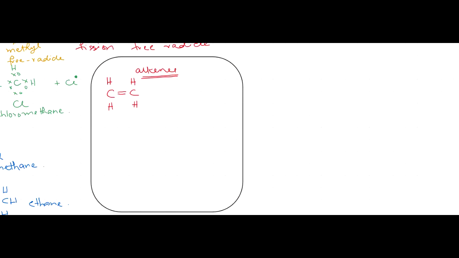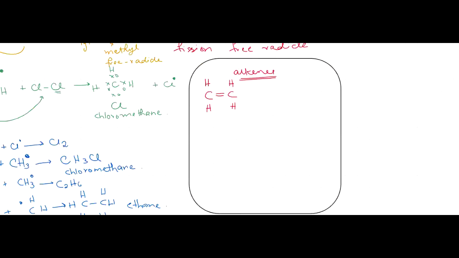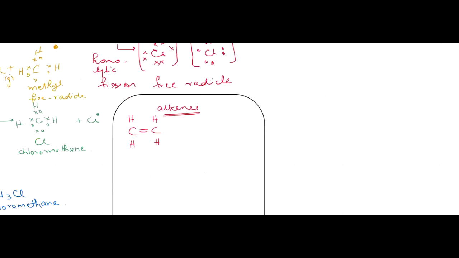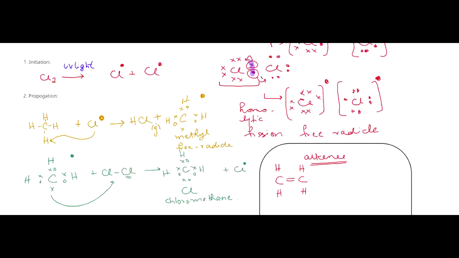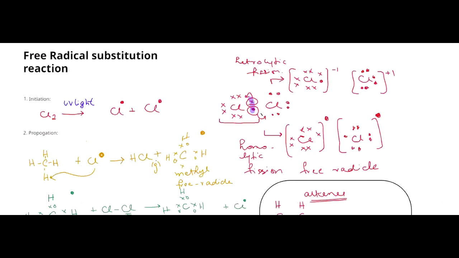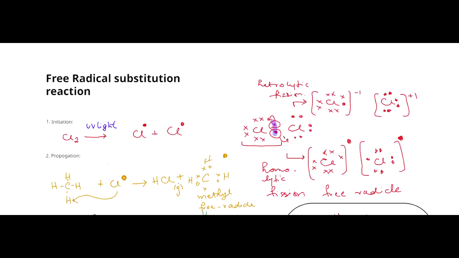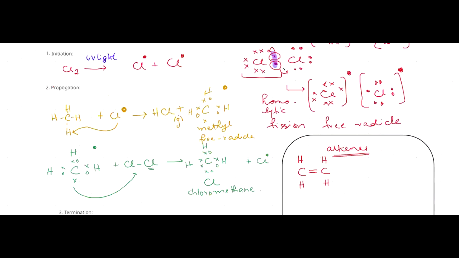For alkenes, we will study even more reactions, and the mechanism of the reaction is also slightly different. Everything that I've taught you so far is about alkanes. I'm teaching you the same reaction over here that we discussed for substitution reaction, but not the substitution reaction with chlorine for alkenes. For alkanes to react with chlorine, all of this needs to happen: you need UV light and all these things.